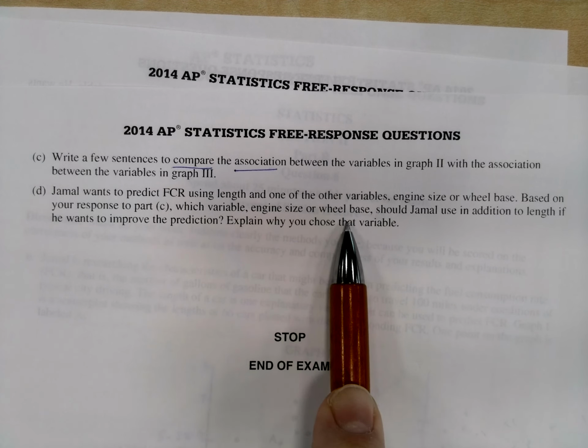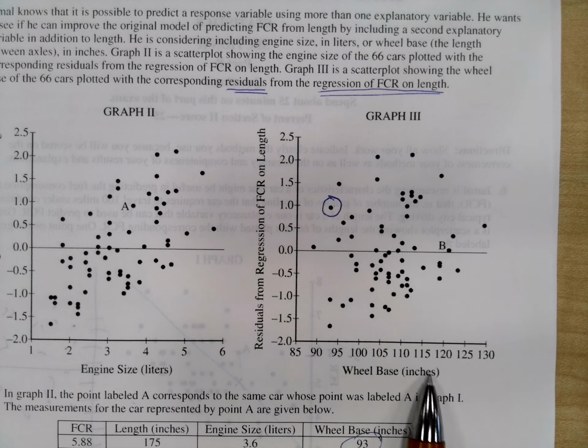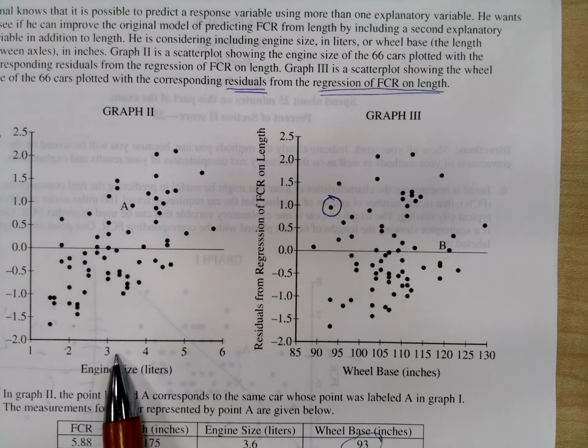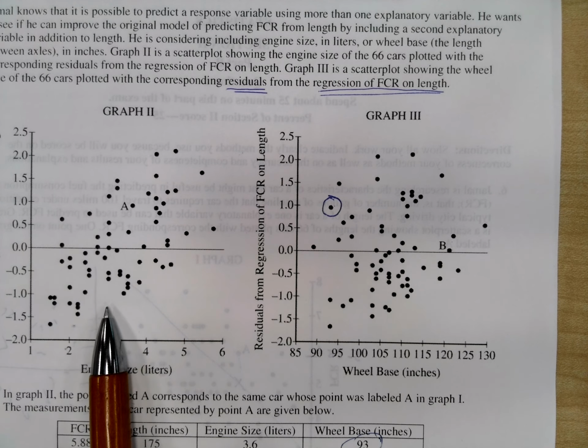Well, based on what we said before, we know that this is an improvement, so we would like to use engine size as well as length to improve our model. Wheelbase will not improve our model. It will not reduce the variability, but engine size will improve the model and reduce your variability. So that's the one we should use.